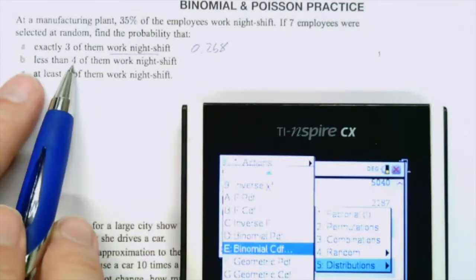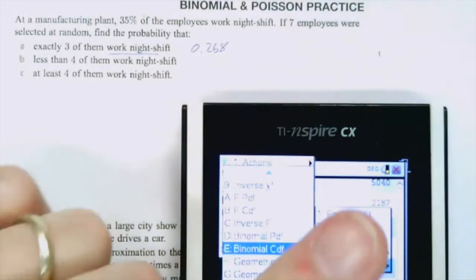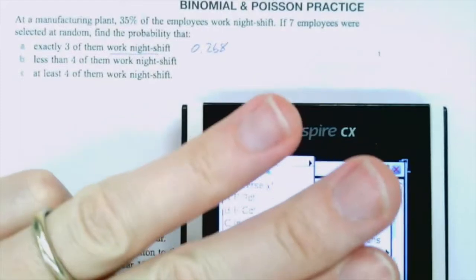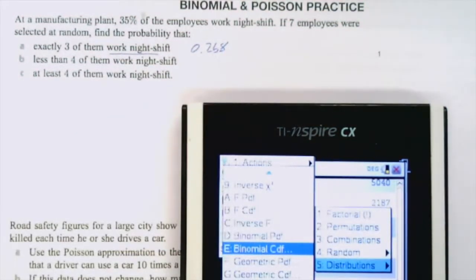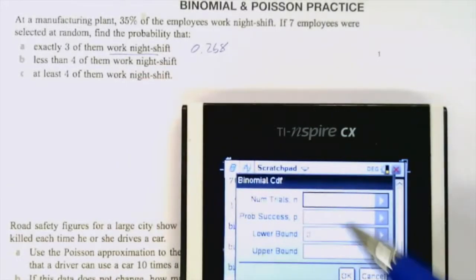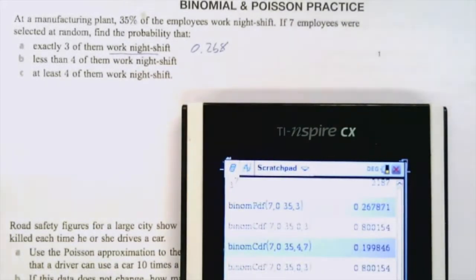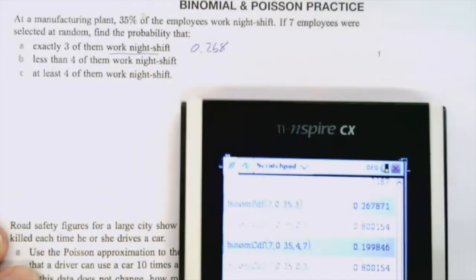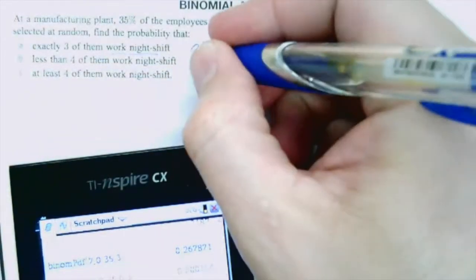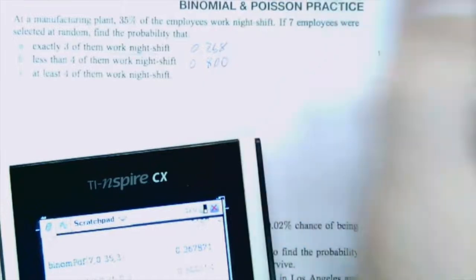Less than 4 means either 0, 1, 2, or 3 people work night shift, so you could just add those together. But if you do Cdf here, then it'll allow you to choose the number of trials. Again, I'm looking at 7 individual employees. Each one has a 0.35 probability of working night shift. I want to go from 0 employees up to 3. That would be less than 4, and it gives me the probability of 0.800, just like that.